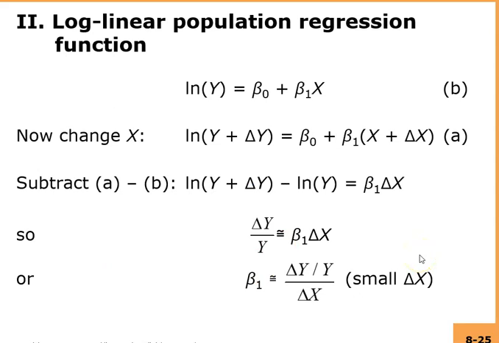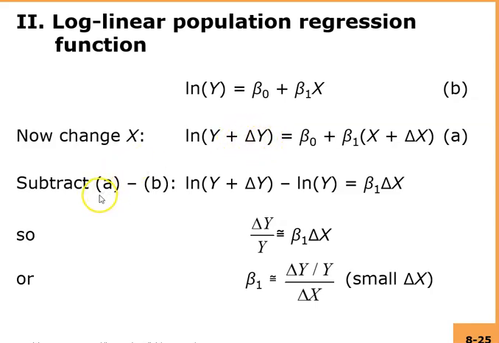Next, we will take a look at the log-linear population regression function, and over here the y variable is logged while the x variable is not logged. So equation B is the before equation and equation A is the after equation, in which we are trying to see how a change in x will cause a change in y.